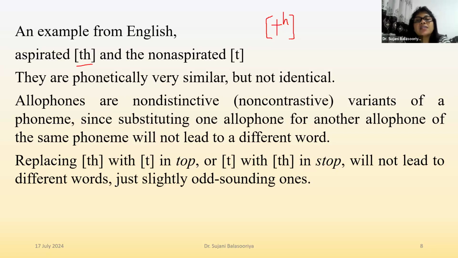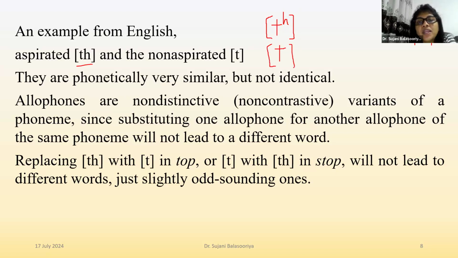Square brackets are different from slashes. We use slashes to write the phoneme, and we use square brackets to write an allophone inside it. That's the difference. Then the example here says, this is aspirated t, and then we have non-aspirated t as well.